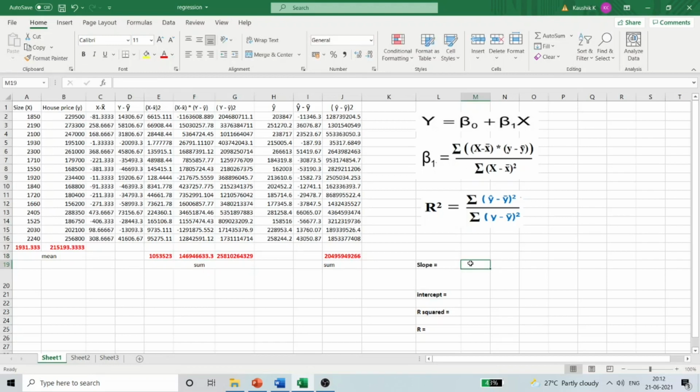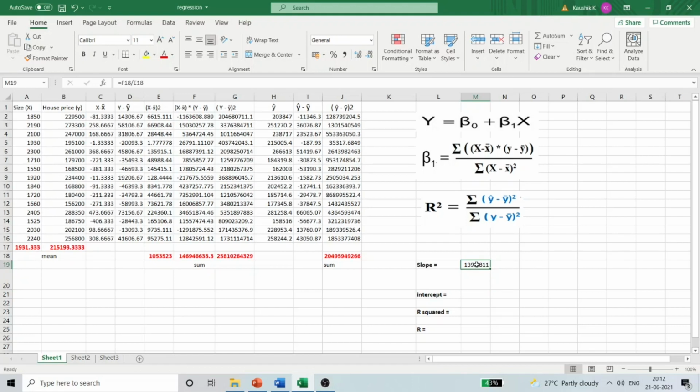Let me make use of the Excel formula, this divided by the summation of (X minus X bar) the whole square, which is this value, right? Now if I press enter, this is the result, 139.4811. So this is the slope value that I get.